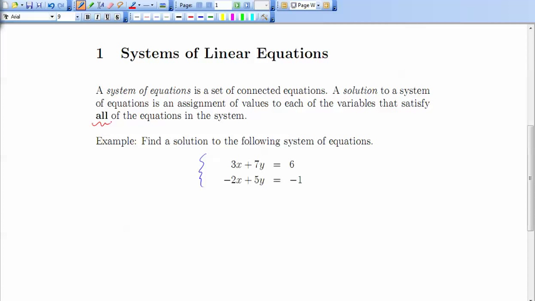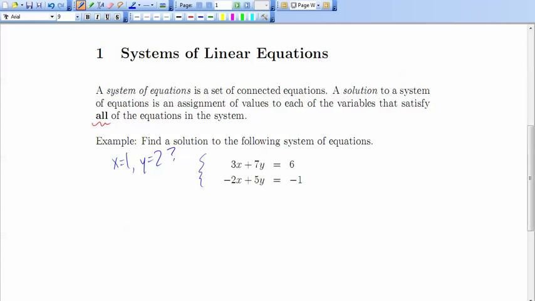So for instance, if I try to plug just some arbitrary made-up numbers like x equals 1 and y equals 2 into this system of equations here, what would I find? For the first equation on the left-hand side, I'd get 3 plus 14. Well, that's certainly not 6.